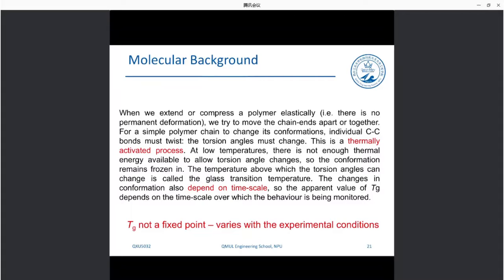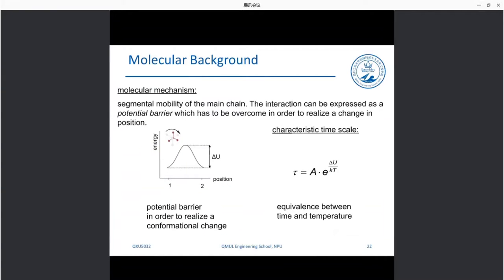Whether this happens is a matter of competition between the thermal energy of a group and its interaction with neighboring groups, okay? And this interaction can be essentially expressed as a potential barrier, which has to be overcome in order to realize a change in position. And this barrier essentially is this one, okay?